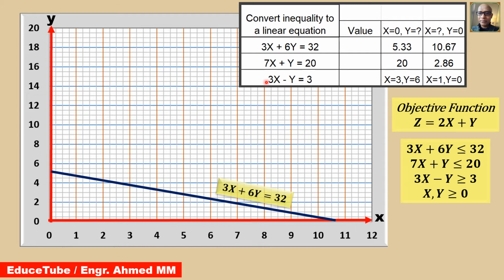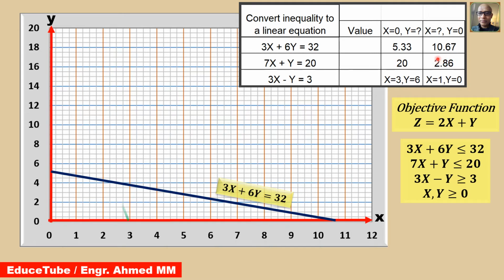Now for the second one, if y is 0, then x equal to 2.86. If x is 0, y equal to 20. It's very clear. If x is 0, y will be 20. So our points are 0, 20 and 2.86, 0.